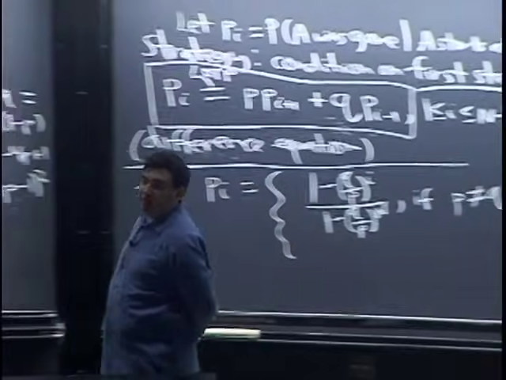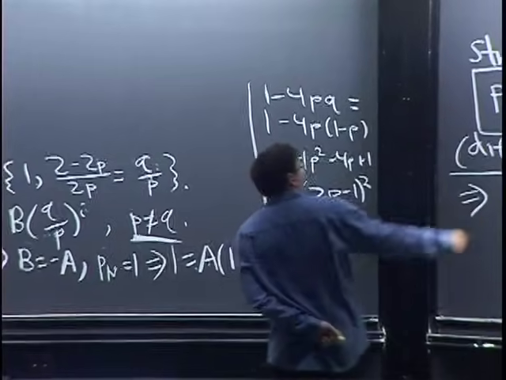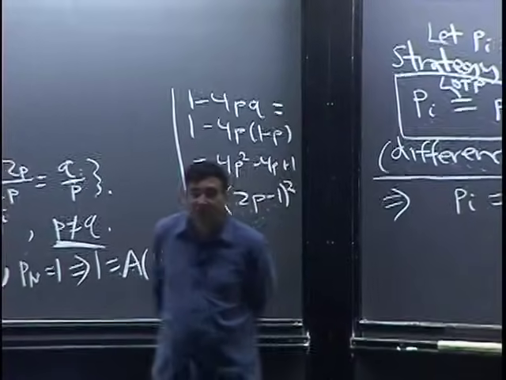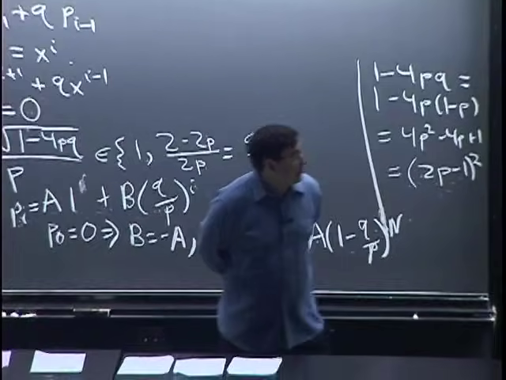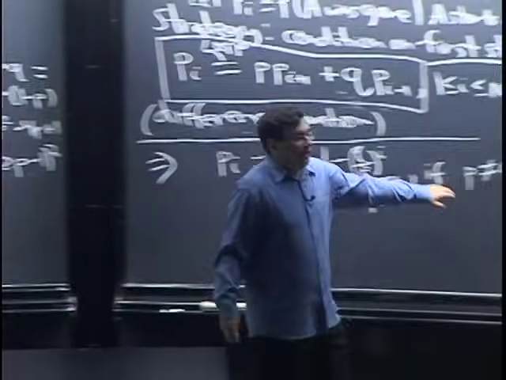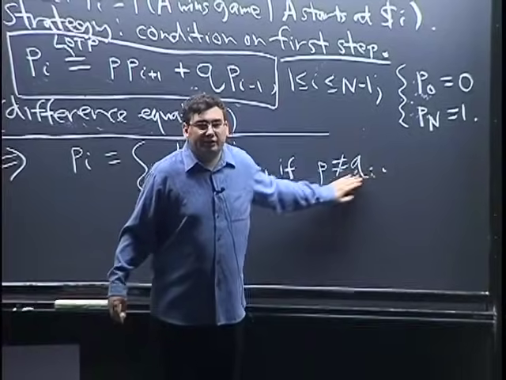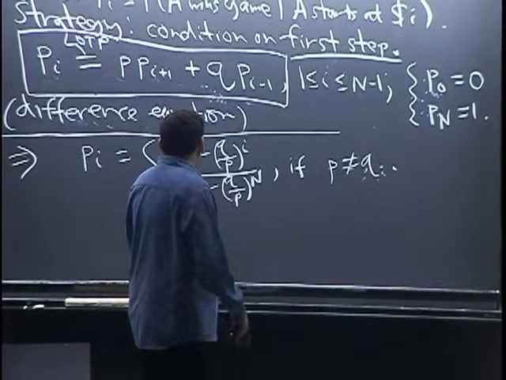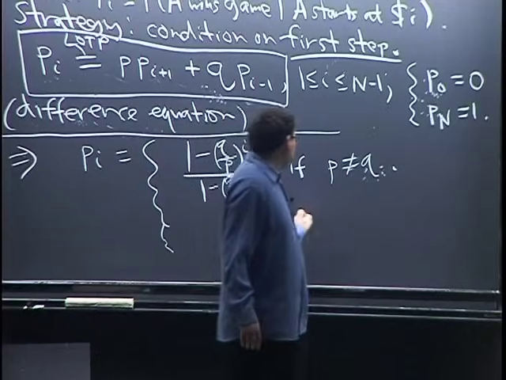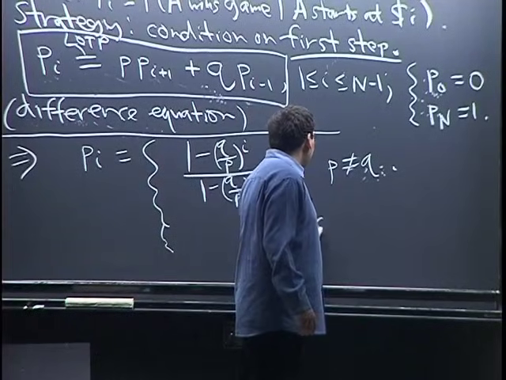So that's the explicit solution, whereas this is a recursive solution. That's the case where we would say it's an unfair game, because one player is more likely to win. So we should also consider what happens if p equals q.